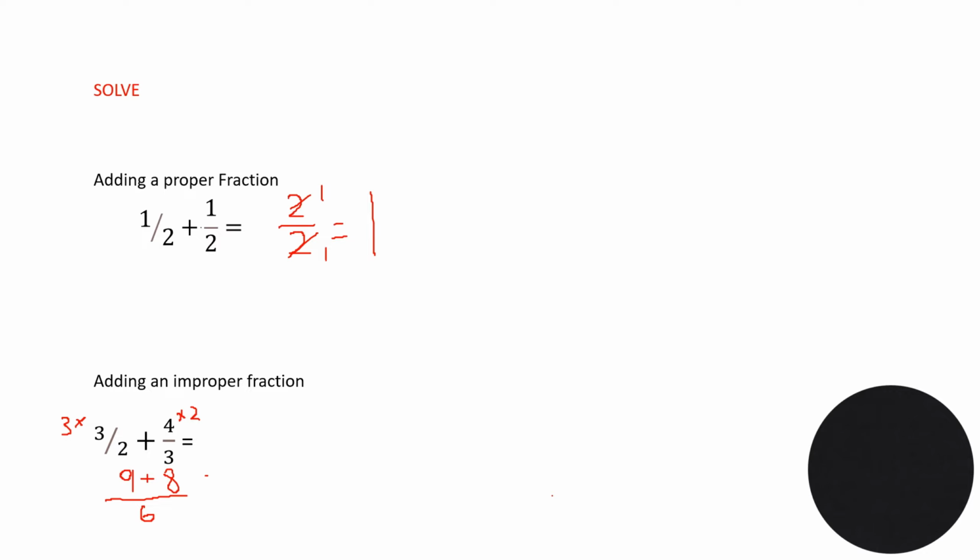So 9 plus 8 is 17, right? You're going to write the 17 over 6. In this case, this is an improper fraction, but whenever you're solving an improper fraction, you're going to get a mixed number for the answer.